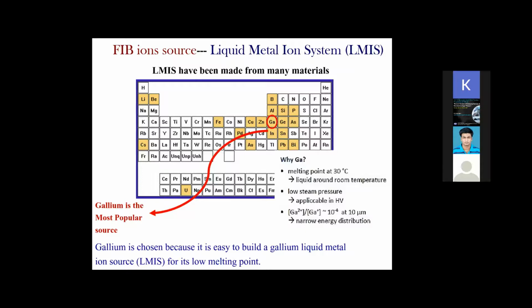So you have to choose gallium keeping in mind that it has a low steam pressure. So low melting point, which is around room temperature, low steam pressure, and then narrow energy distribution. All these things make gallium the most popular ion source.